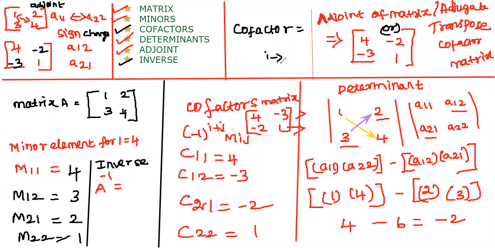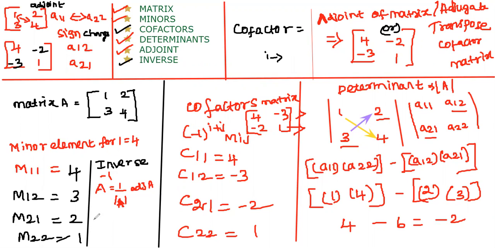So the formula is 1 divided by determinant of A, and adjoint of A. Determinant of A means you have to put 2 straight lines and write the name inside the 2 straight lines. That is how we put the symbol of the determinant.